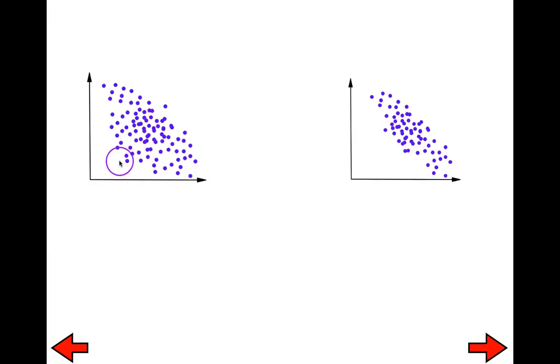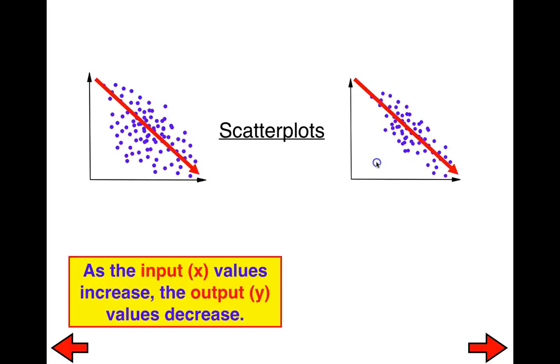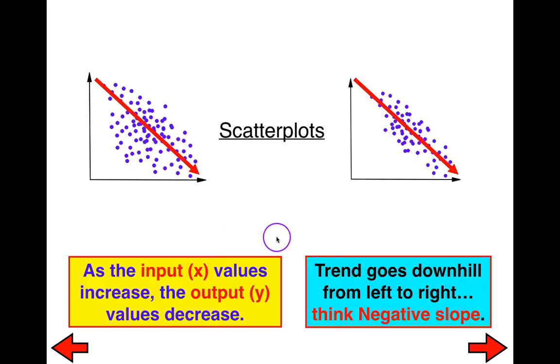Now if you look at this, you have two different scatter plots again. I can still notice that in both they are going downhill. So here, as the x's increased, the y's actually started to decrease. We can refer to this as a trend that goes downhill from left to right, and we can think of it as a negative slope. So guess what?